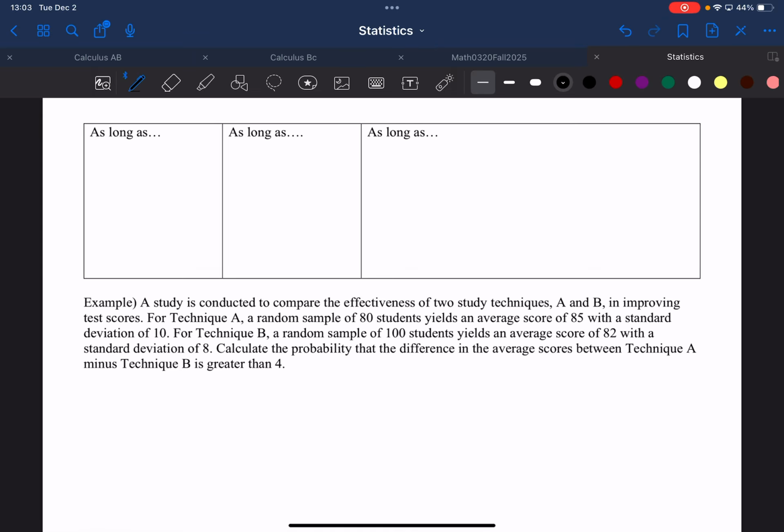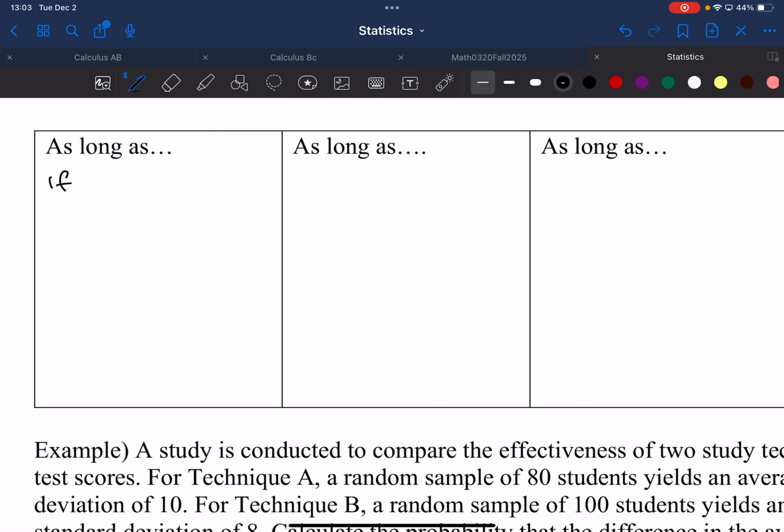So for approximately normal, we can say that this is going to be true as long as n1 is less than 30 and n2 is less than 30, then it's going to be approximately normal.